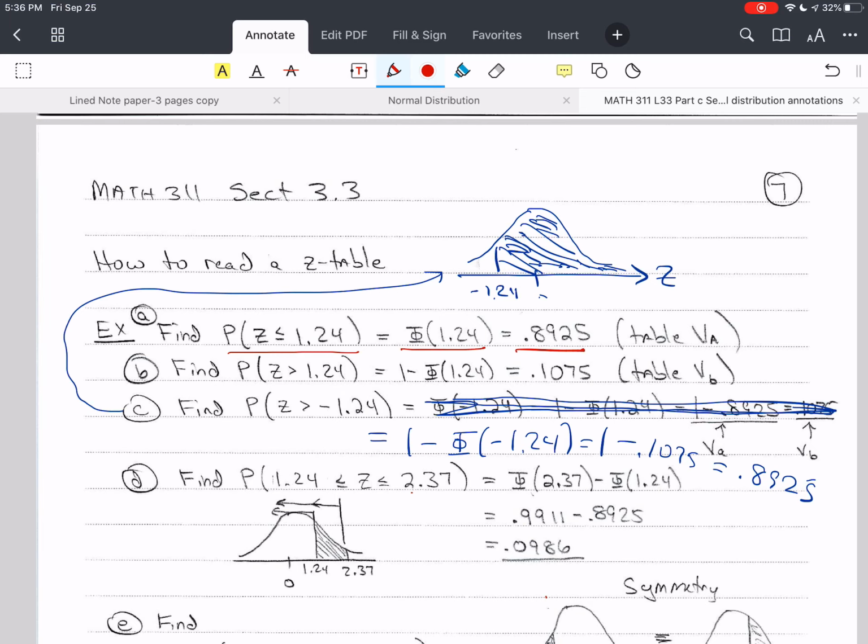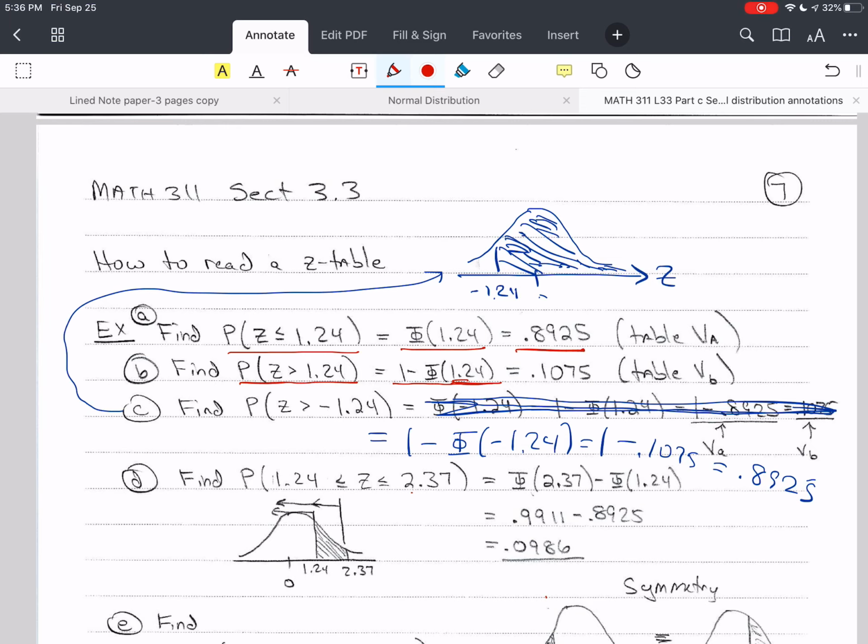All right, now I want to find the probability that z is greater than 1.24. So this is 1 minus the probability that z is less than or equal to 1.24, so this is 1 minus phi of 1.24, that's right.